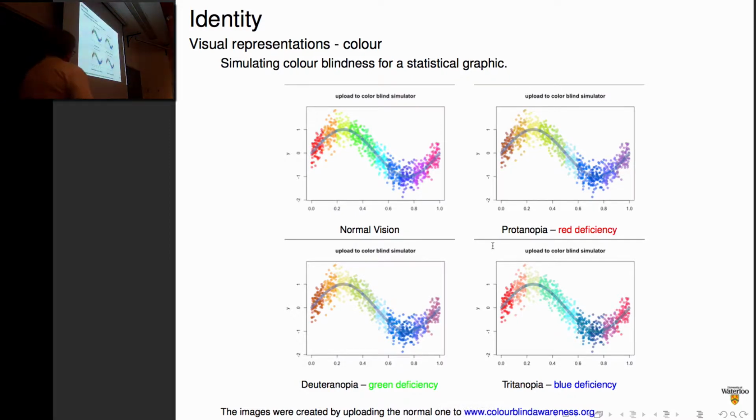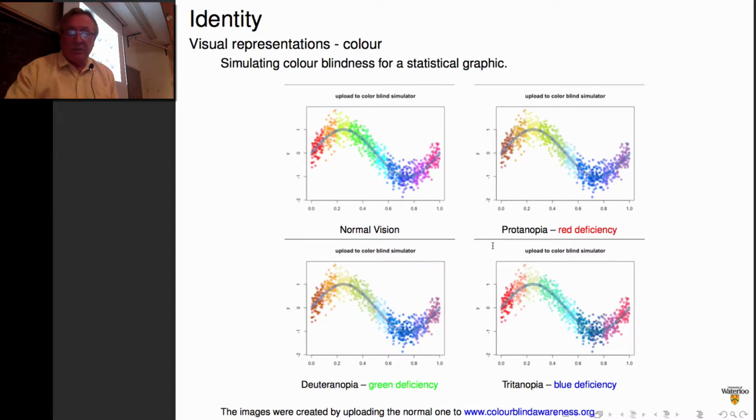So if I upload the graphic, in the top left corner, that's a normal vision. That's what that simple graphic looks like, going through the colors of the rainbow, from red, orange, yellow down to indigo, violet. In the various deficiencies, you can see how it wipes out certain colors, certain differences.